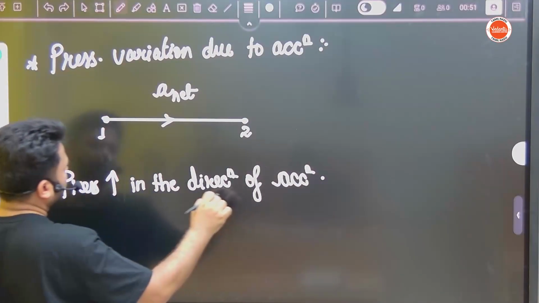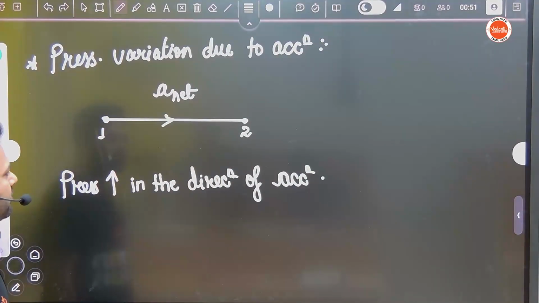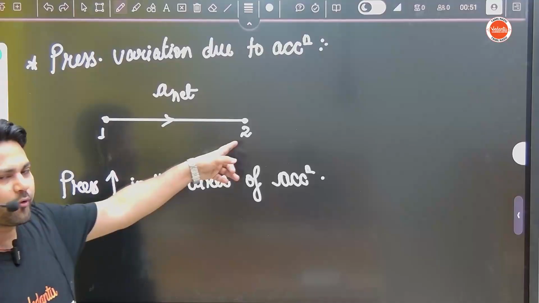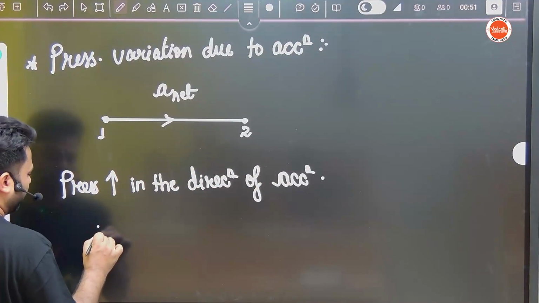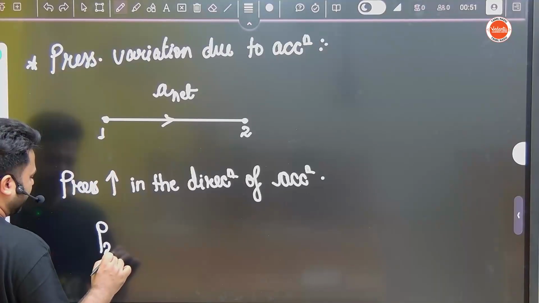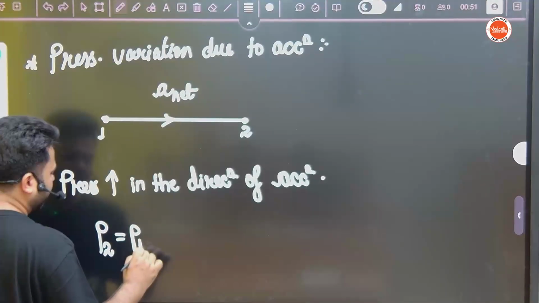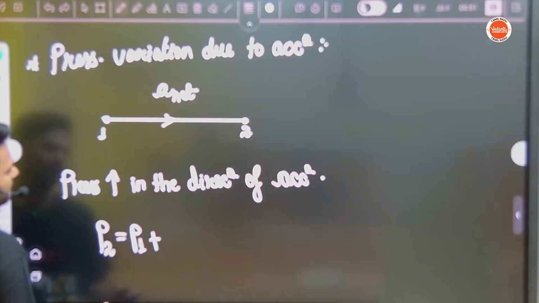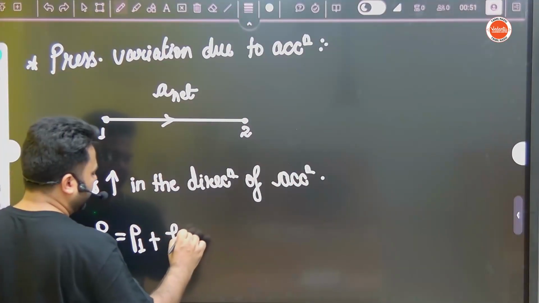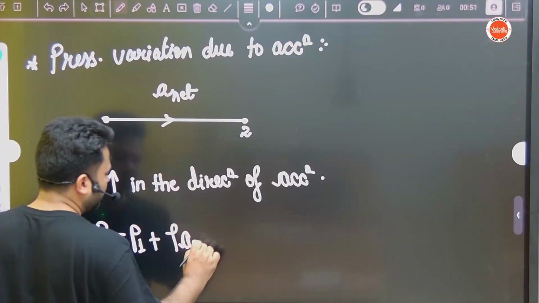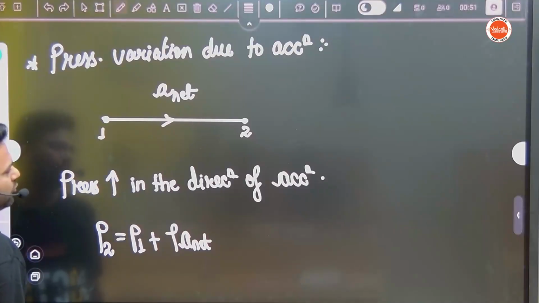If I compare point number 1 and point number 2, which point will have more pressure? Second point. Pressure increases in the direction of acceleration, and how much more? See the pattern. Pressure at point 2 is equal to pressure at point 1 plus rho, density of liquid, times net acceleration, multiplied by the distance between the points.